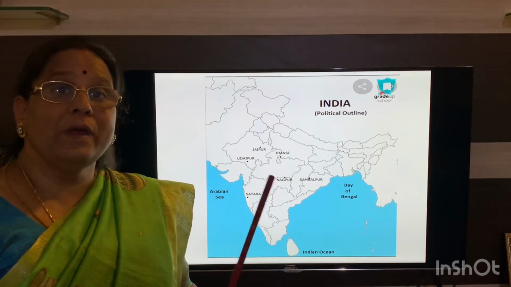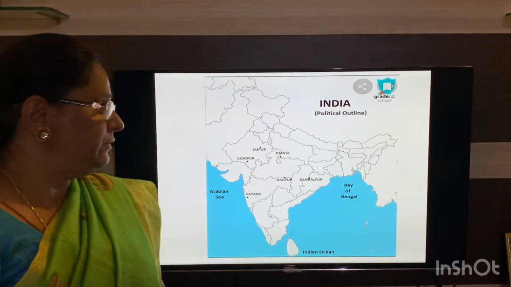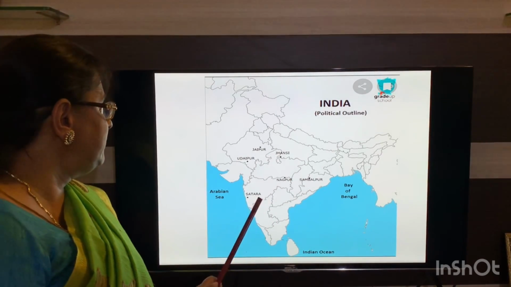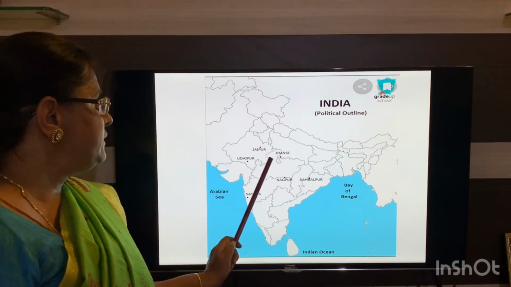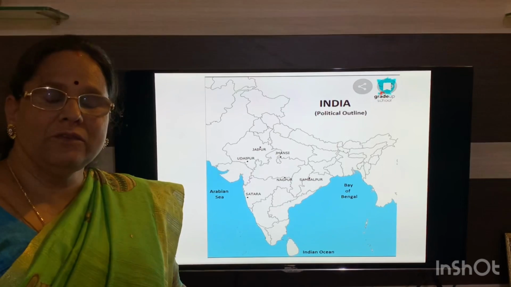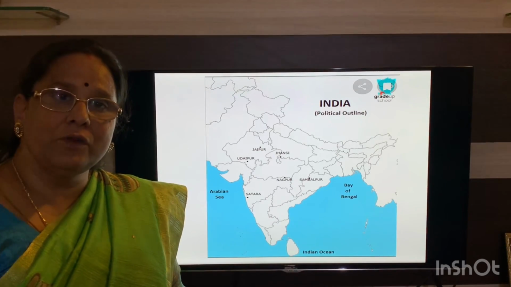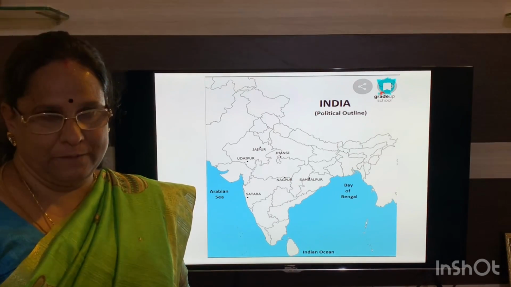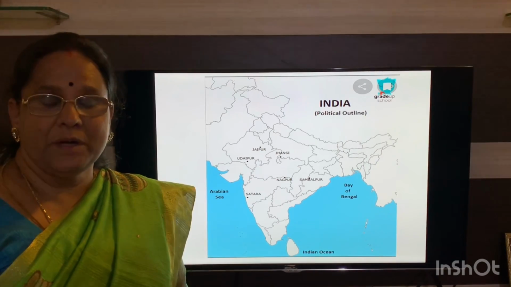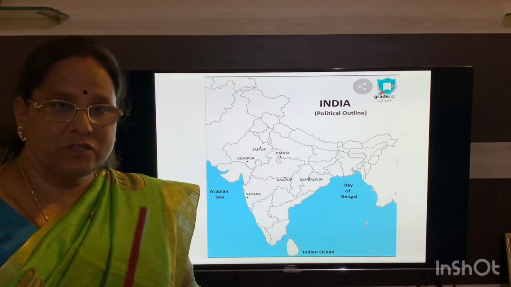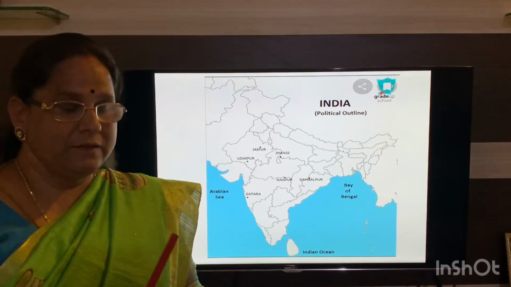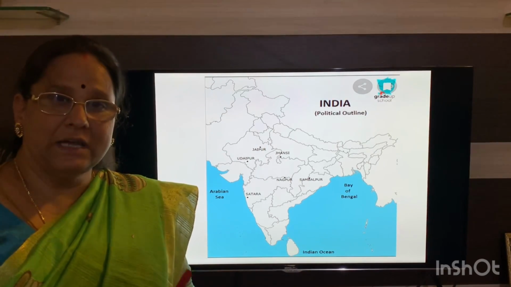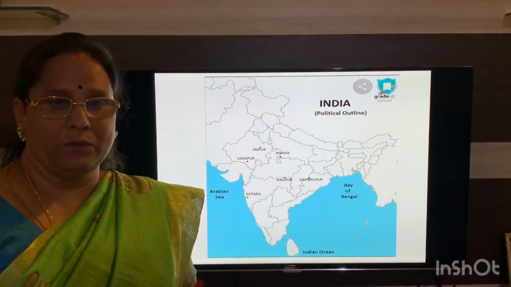Now I'll show you where these are located. So here is Satara, Jaipur, Udaipur, Jhansi. These are the places which came under the control of the British due to the doctrine of lapse. So remember the 4 places: Satara, Jaipur, Jhansi and Udaipur.